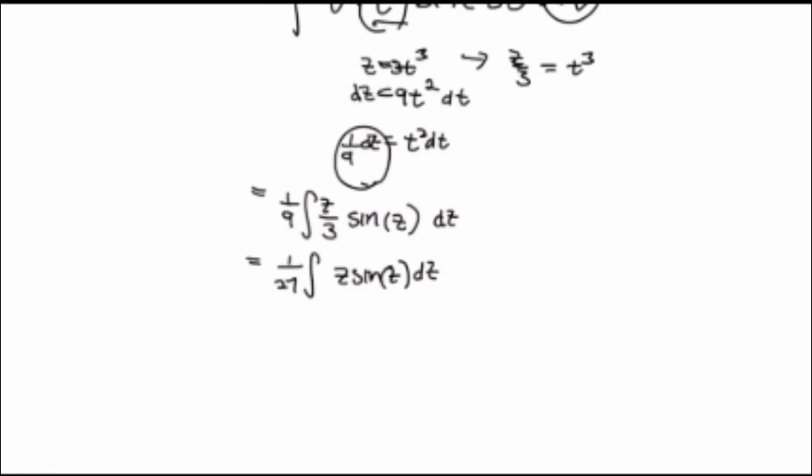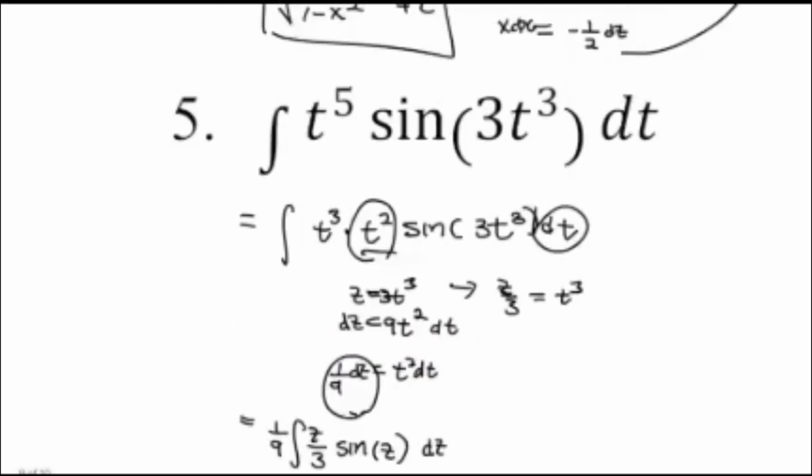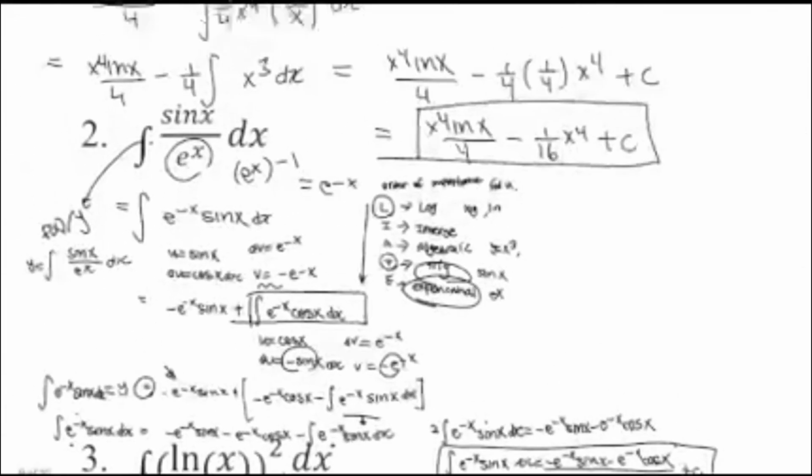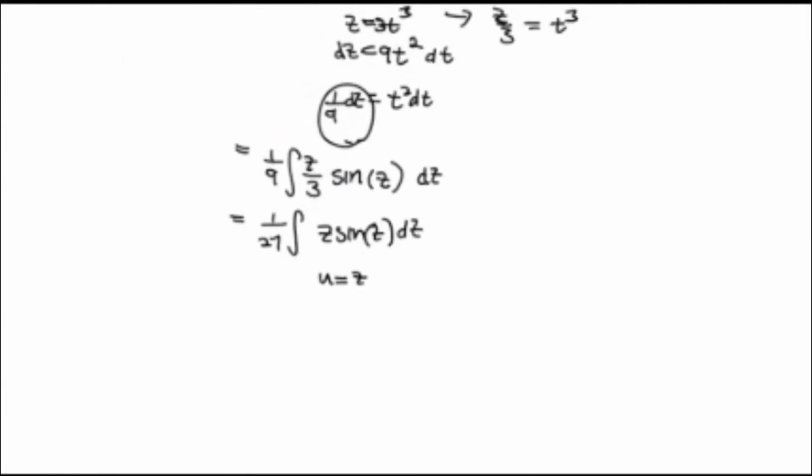So u equals z, because according to this, algebra comes before trig, so we're going to use this as our u. du equals dz. dv equals sine z dz. v equals negative cosine z, right?